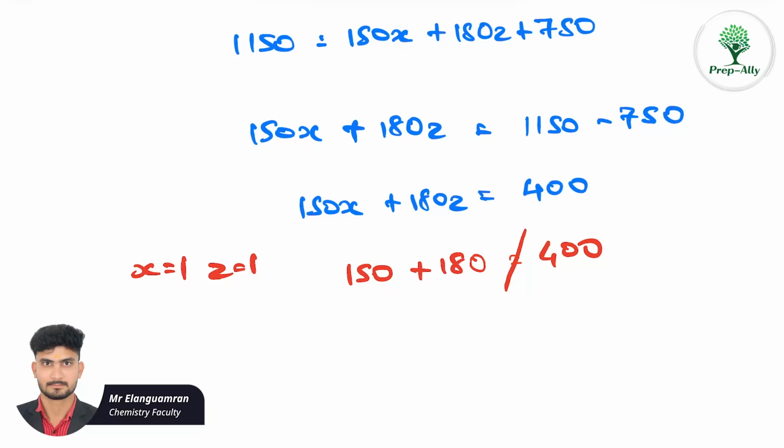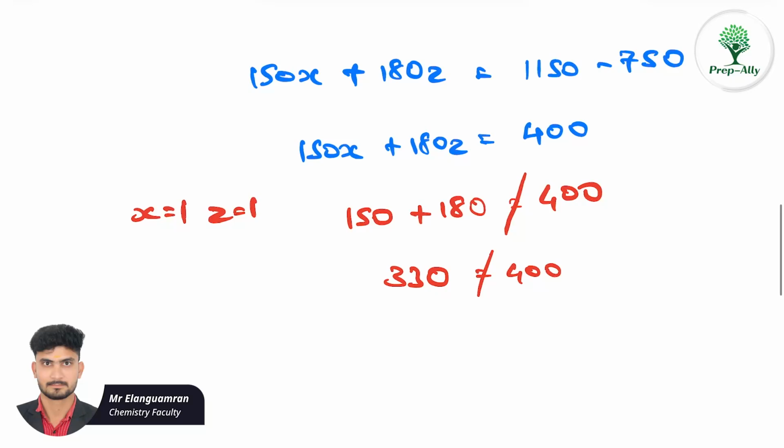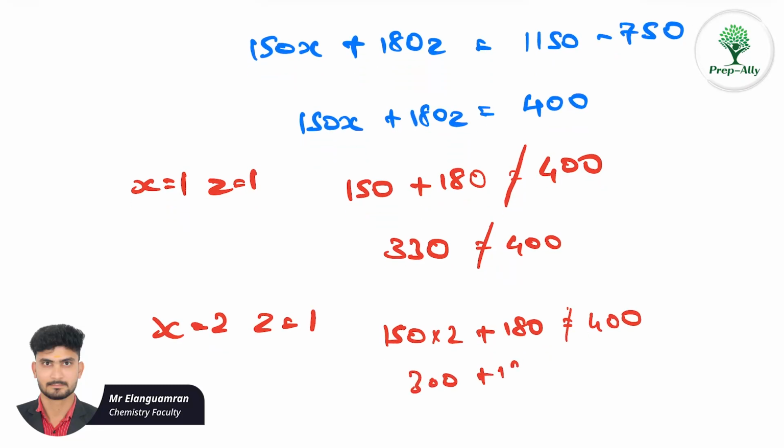Now x equal to 2, z equal to 1. So what do I get? 150 into 2 is 300, plus 180, 480.